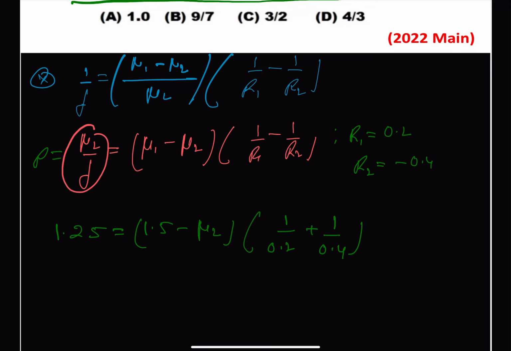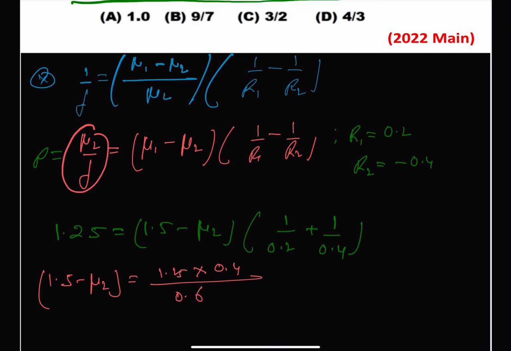So we get 1.5 minus mu2 will be equal to 1.25 multiplied by 0.4 over 0.6.